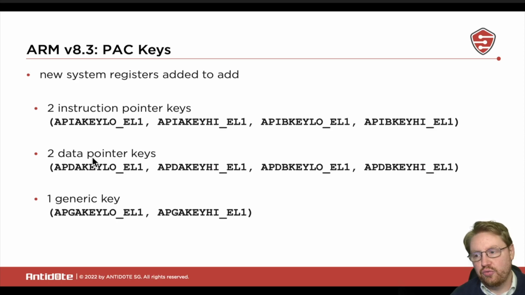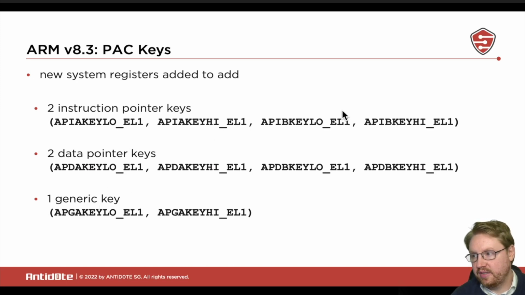And then you have 2 data pointer keys, the DA and the DB key. That means we have, again, 2 different keys to protect 2 different kinds of data pointers. And then there's the GA, the generic A key, which can be used for generic stuff.